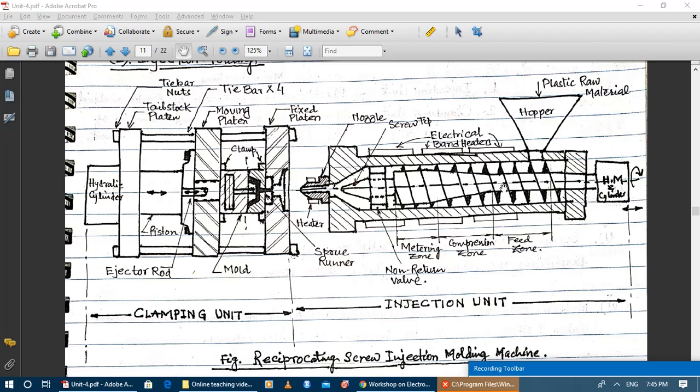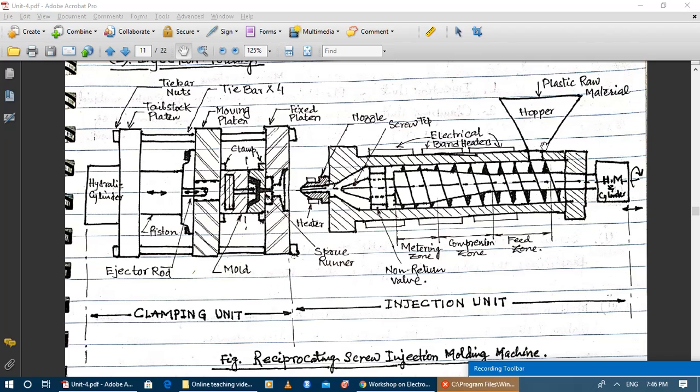That means the screw will not only rotate about its axis, but it will also move backward as well as forward during the injection of the molten plastic material inside the mold. So the screw can rotate as well as move to and fro from the hopper end to the nozzle end.